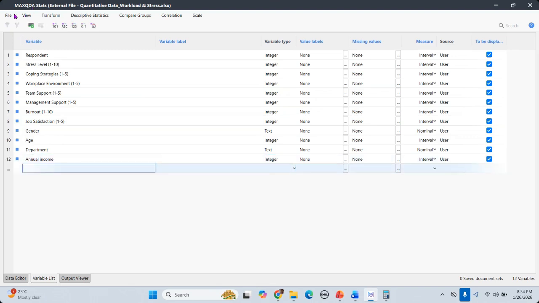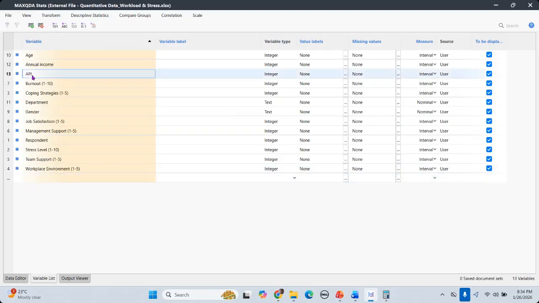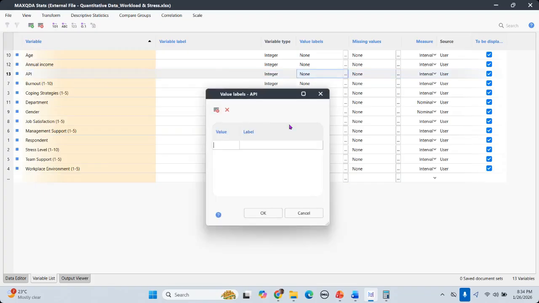So I can go to file. I can go to the variables. Here I'm going to type one more label, like I just want to understand APA score, academic performance index. See that I got the academic performance index. I'm able to type it.